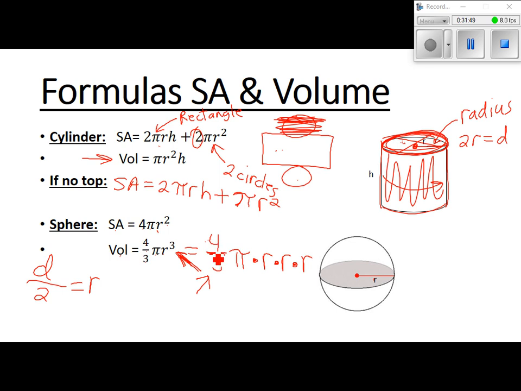So 4 divided by 3, hit equals, then hit times, then the pi button, then times whatever the radius is, then times whatever the radius is, times whatever the radius is, then hit equals, and it's going to give it to you. Don't try to use the ABC button, just put that in as 4 divided by 3. And then at the end, you're going to round off your answer to the nearest 10th or whatever the problem happens to tell you.